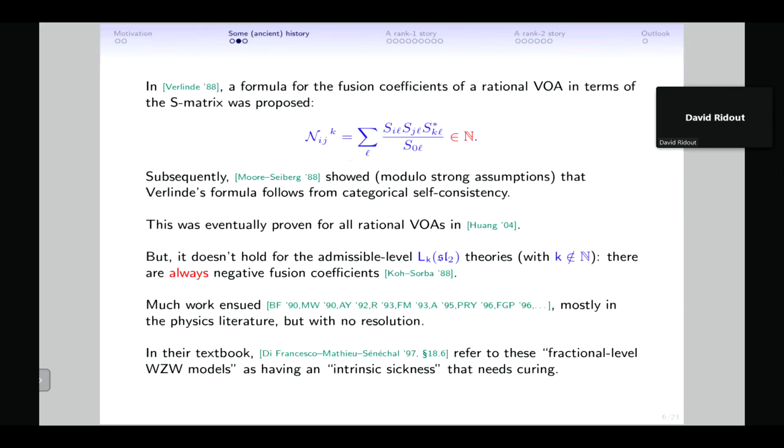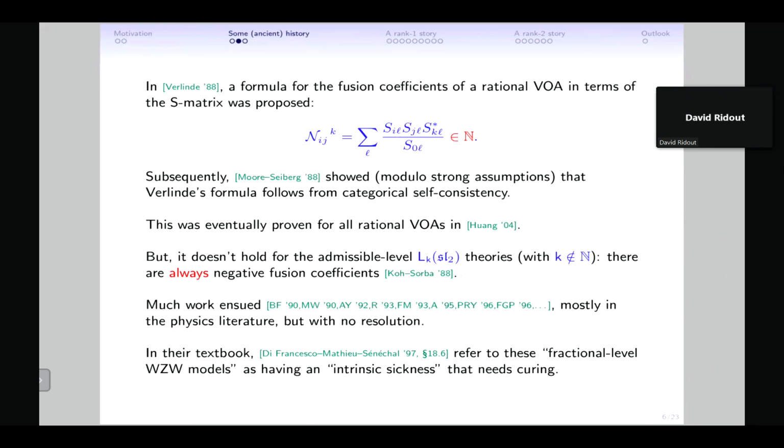So everybody here knows the Verlinde formula, which I've written out, assuming strong rationality. The point is that these fusion coefficients, these N's on the left, have to be non-negative integers, but these S's are some weird algebraic numbers. And we know that this is true. This is great for sufficiently nice VOAs.